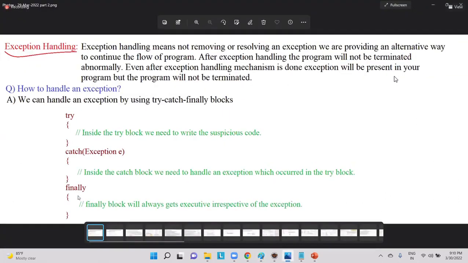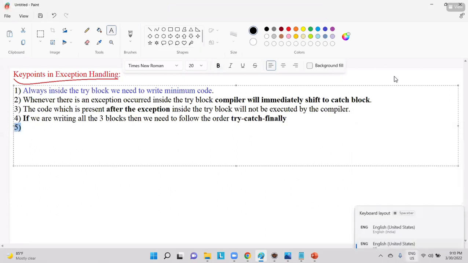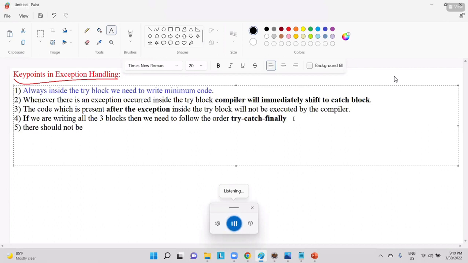What I'm trying to say is, if you are writing try, catch, and finally, 100% try should be followed with catch. Catch should be followed with finally. There should not be any statements between try, catch, and finally blocks.